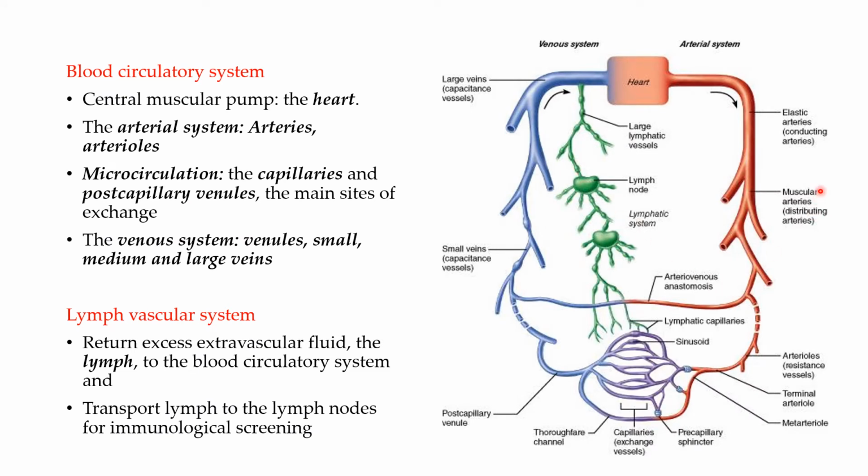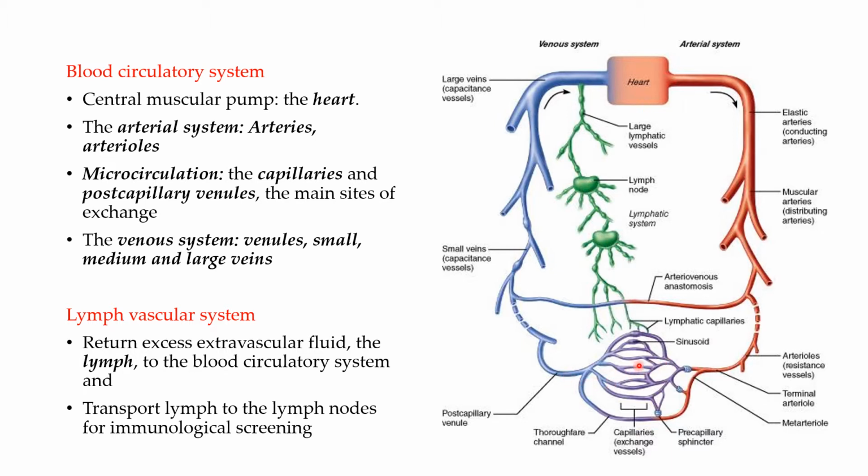The blood circulatory system comprises a heart, which is the central muscular pump that initiates the blood flow. Then there is the arterial system, which comprises the arteries and the arterioles. These distribute the blood further to the capillaries and the post-capillary venules.